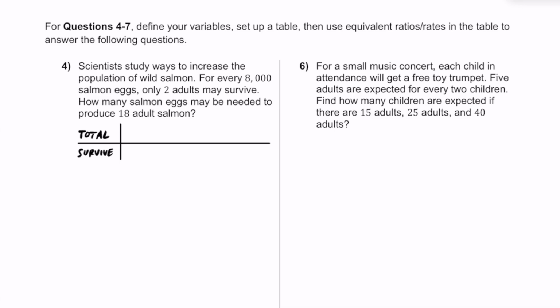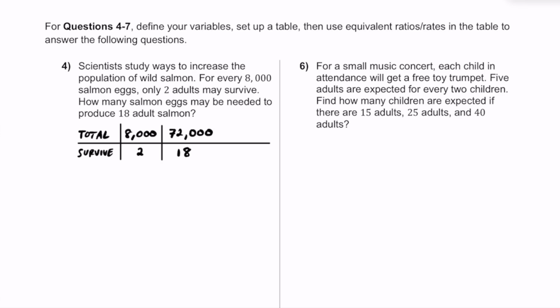So we know that if there are 8,000 of these eggs, 2 of them are likely to survive. So what if we're looking for 18 of them to hopefully survive? Well, you can scale up however you'd like to, whatever's easy. Multiplying by 9 might be pretty easy. If you multiply 2 by 9, you get 18. And if you multiply 8,000 by 9, you get 72,000.